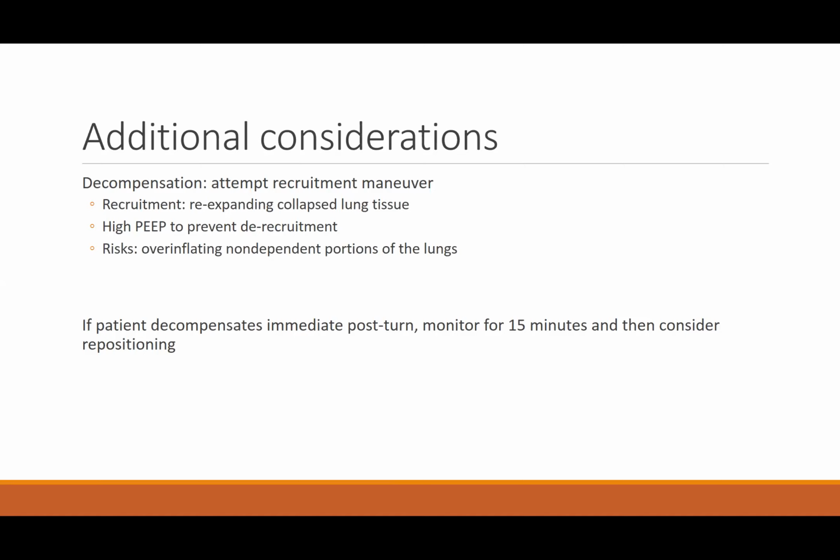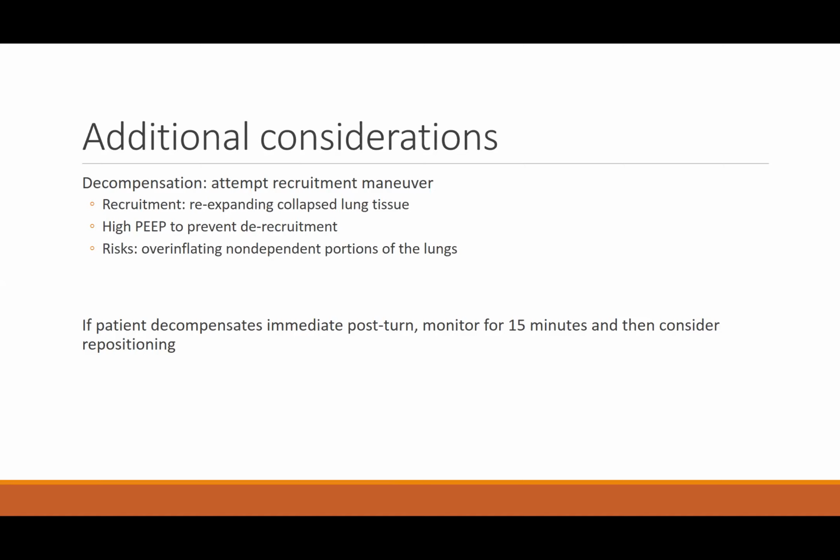However, it's often beneficial to wait those 15-20 minutes, because if they're going to continue to acutely deteriorate, the chances are they might go into cardiac arrest, and it is much more helpful to have them in the supine position if they arrest.